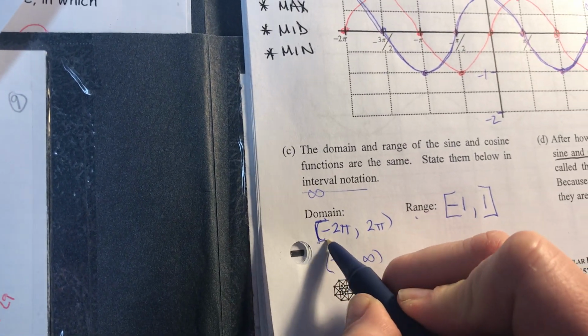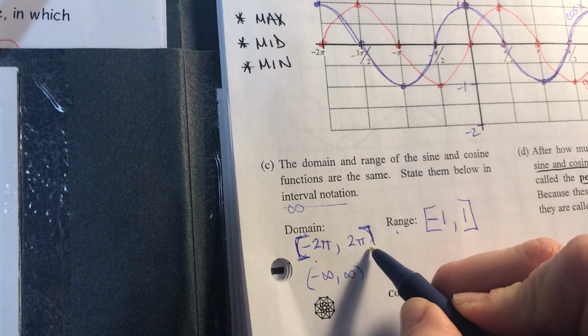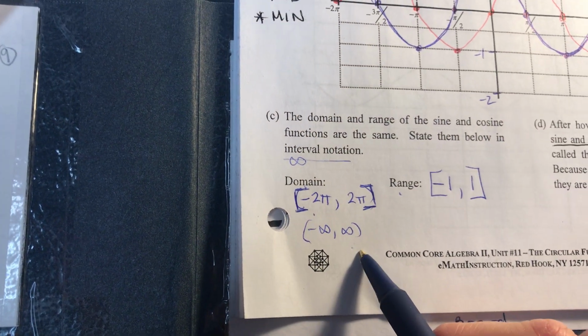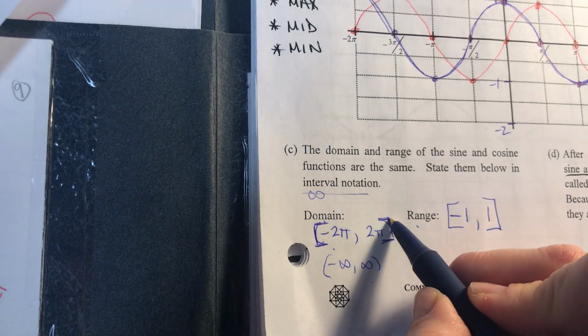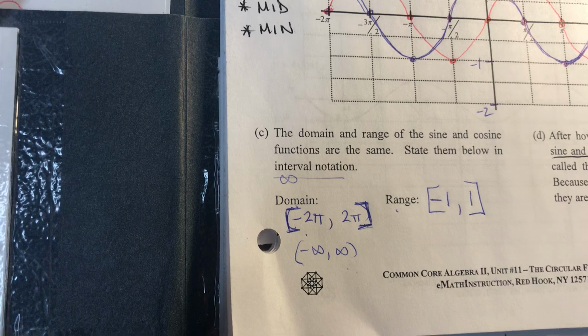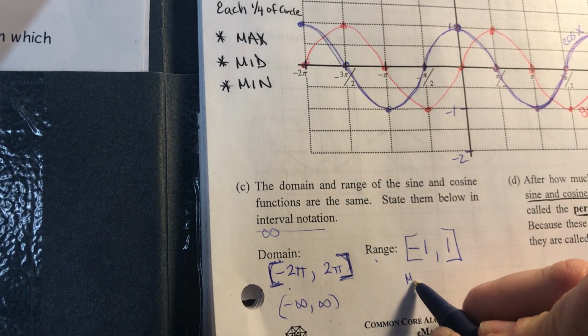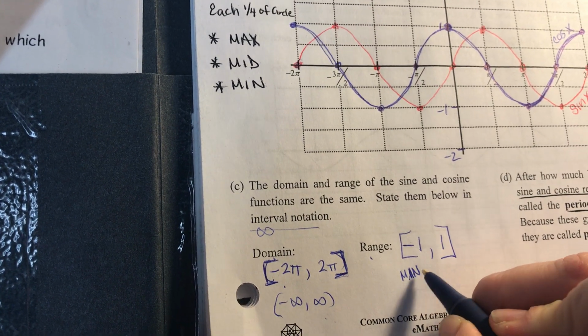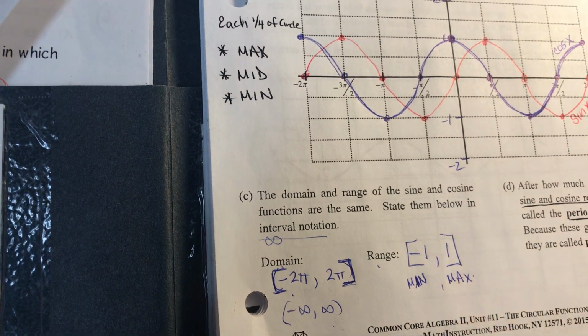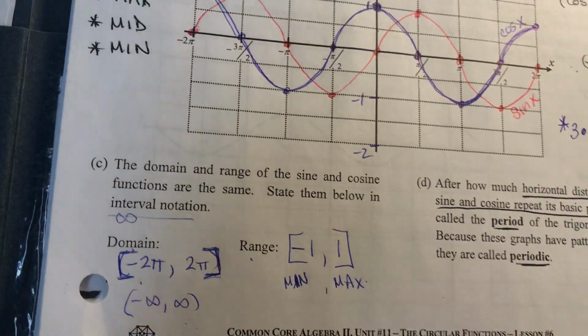That's inclusive also. That should be a bracket, not a parenthesis. Infinity never has a bracket, so that is a parenthesis, but this had an actual point there, so we include it, okay? So this is always your min and your max for your range, okay?